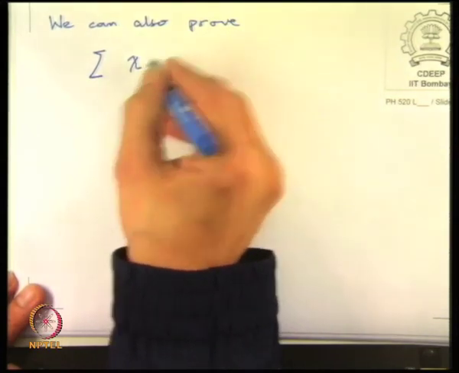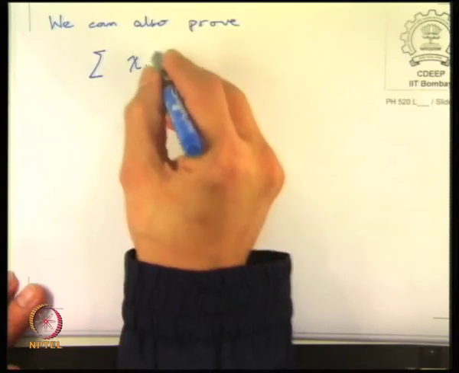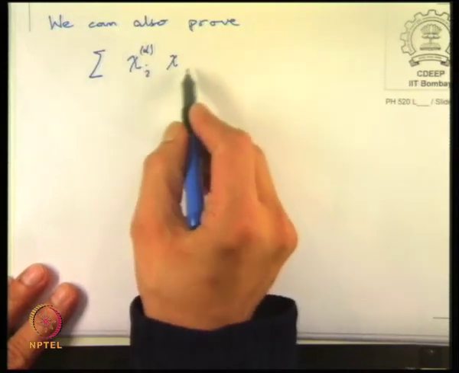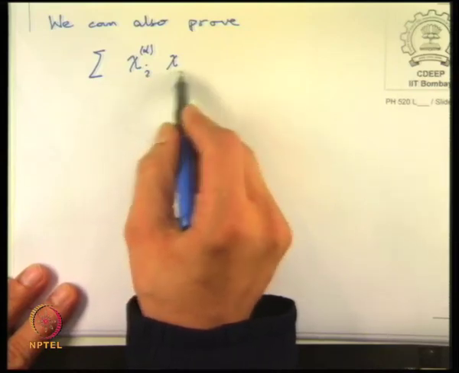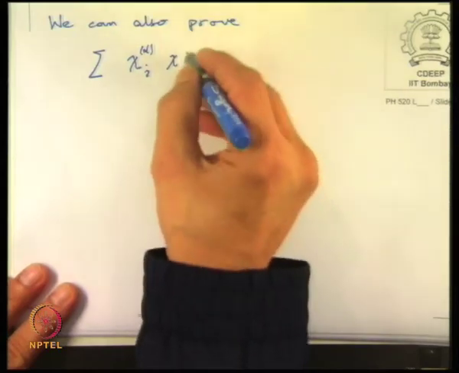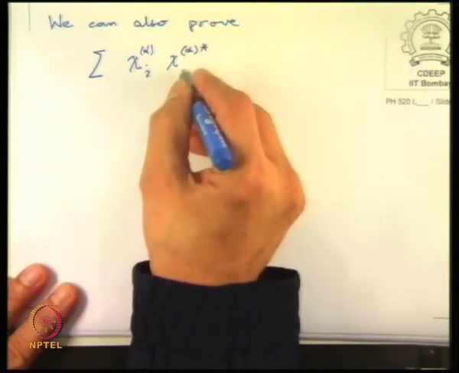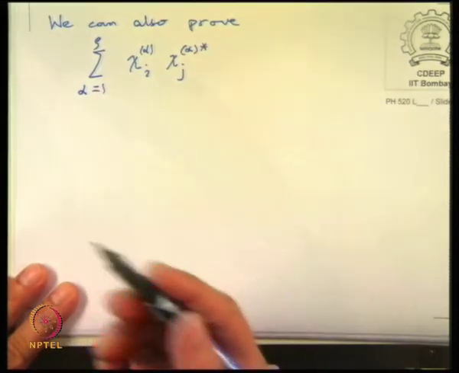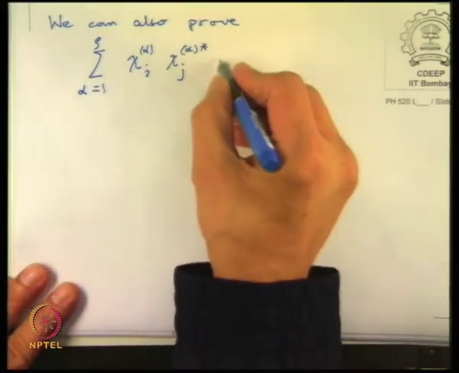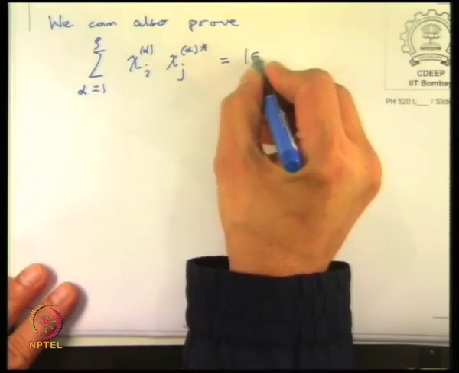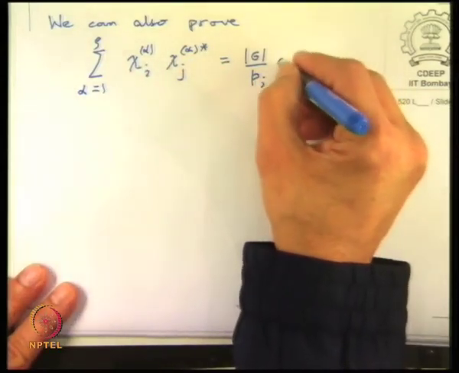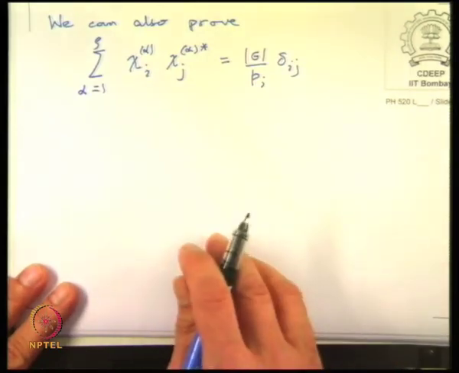We have been writing chi alpha of I and chi beta of I, and then summing over I to get delta alpha beta, but you can also do this and sum over alpha equal to 1 to rho, sum over all the irreps, not over the classes, and that produces again the size of G divided by Ti, the number of members in the class I, times delta Ij. So that we had here.